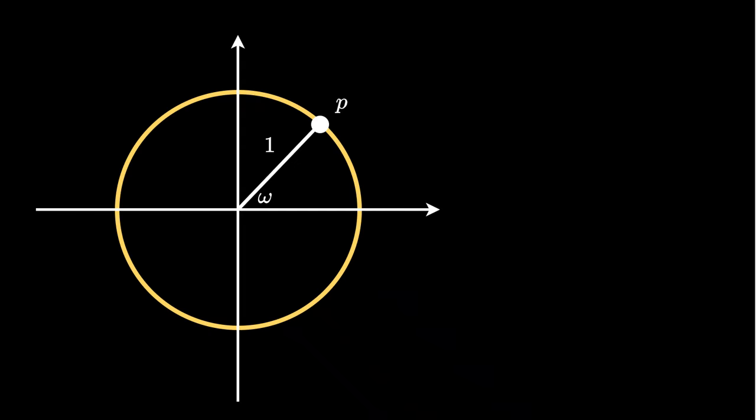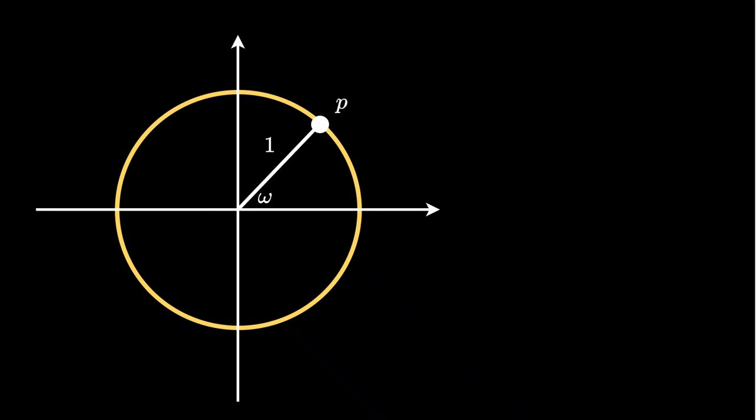As a result, this is known as polar coordinates. We are using an angle and a distance: how much we turn from the real axis and how much we move away from the origin.